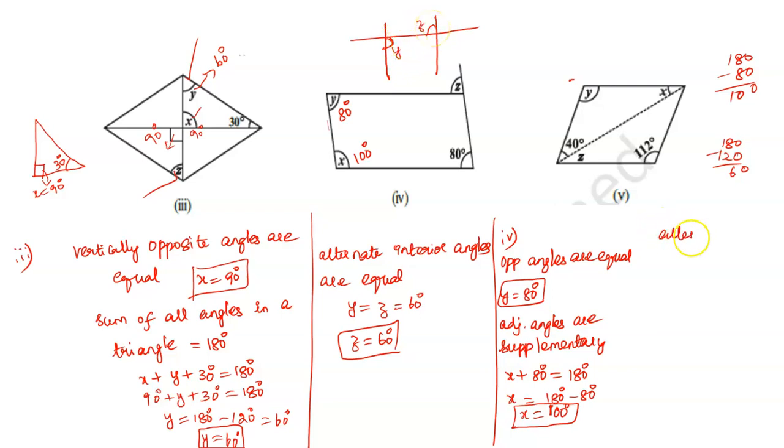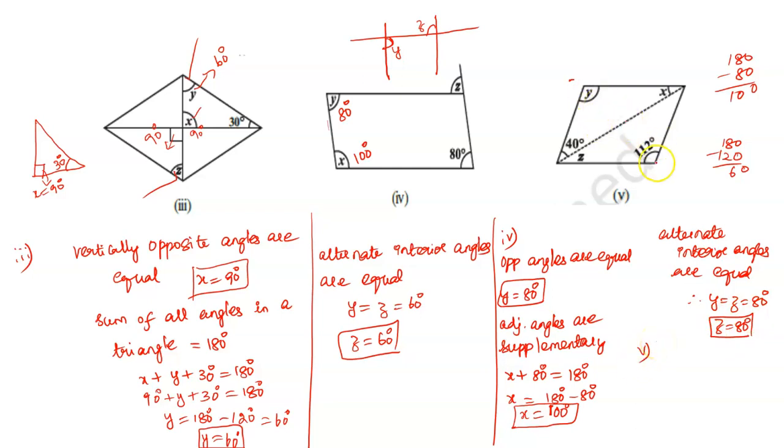So again, using the property that alternate interior angles are equal, y is equal to z is equal to 80 degrees.